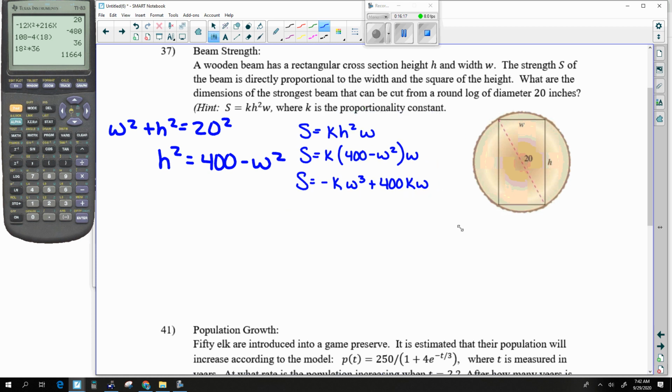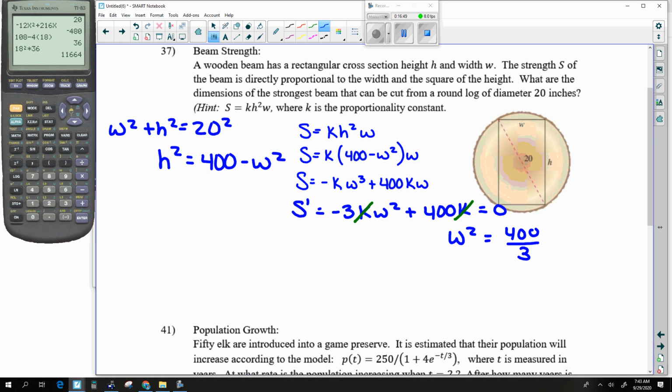All right, taking the derivative of this, we have negative 3kw squared plus 400k. And we are looking to get that equal to 0, so I can divide both sides by k. That eliminates the k. And this is going to be w squared is equal to 400 divided by 3.